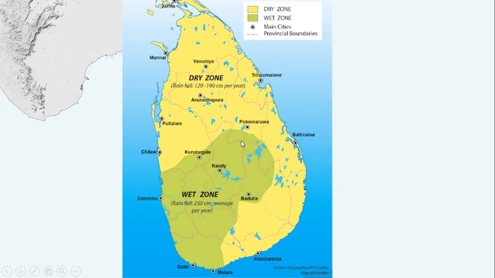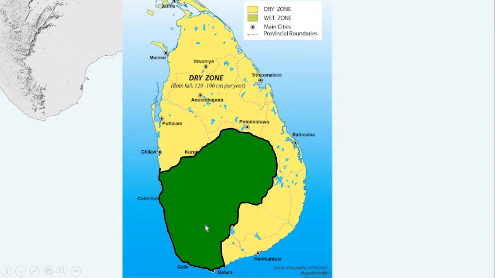Here I have shown you what the wet zone is. You can see here Kurunegala and the border of Polonnaruwa, Kandy, Galle, Matara, Colombo. So this area I have highlighted belongs to the wet zone. The wet zone.